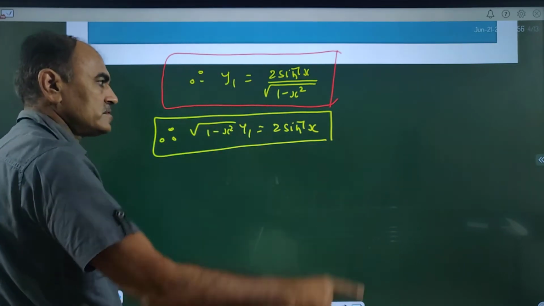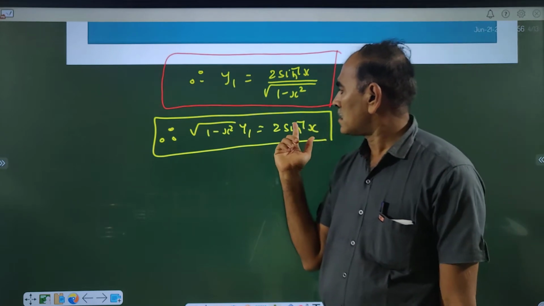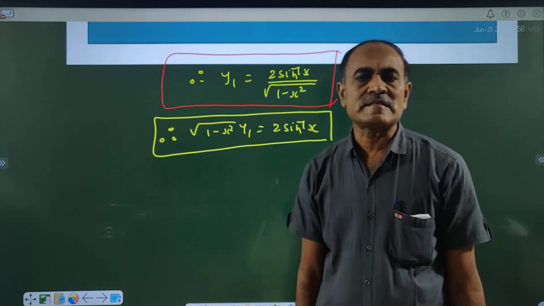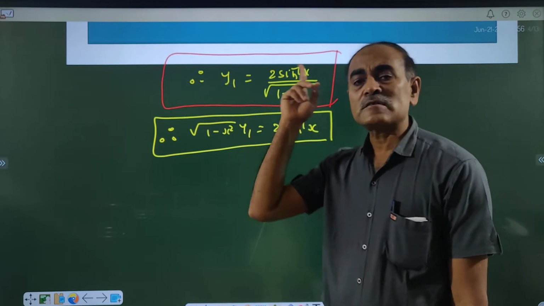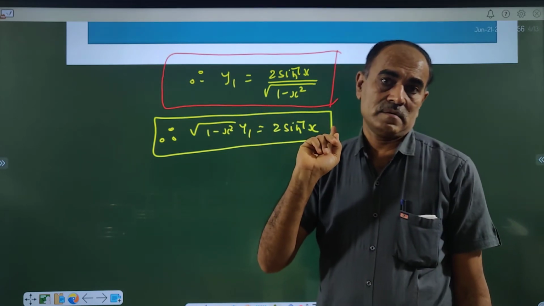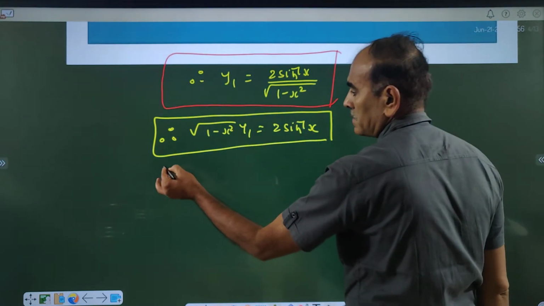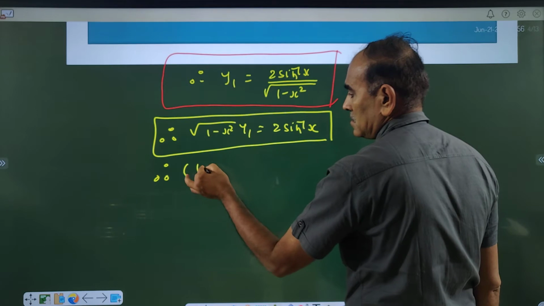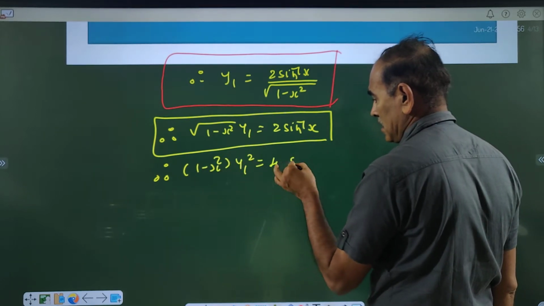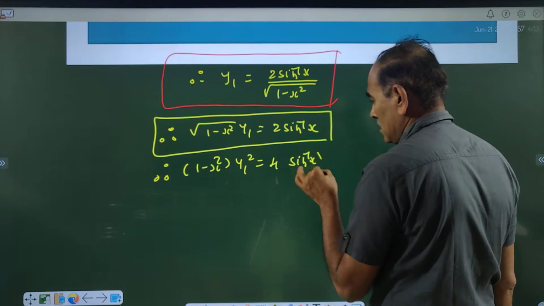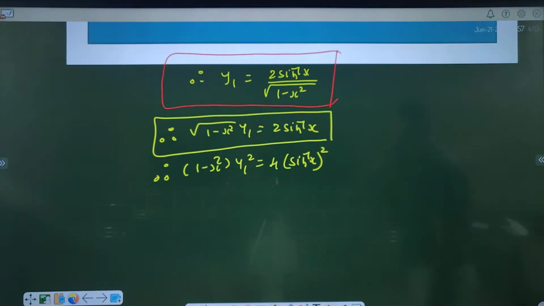Then the second important step: after taking the denominator quantity on the left hand side, if only a single term is on the right hand side, then square on both sides. Squaring on both sides when the right hand side consists of a single term.